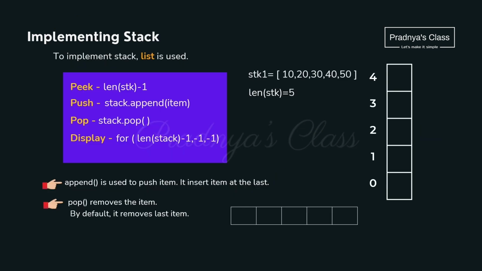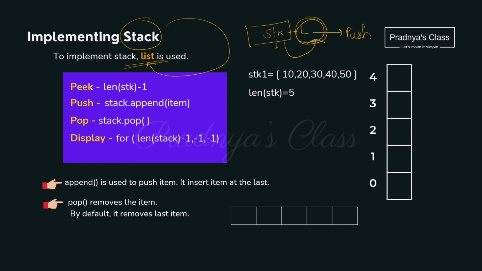Now, let's try to understand how we implement a stack in Python. For that, we use a list. You are already familiar with the list, but now we are implementing a stack using a list. That's why if you want to push any element to this list, it will be at the last position. And if you want to pop any element, you will do that from the last position too. How do we add an element to the list?